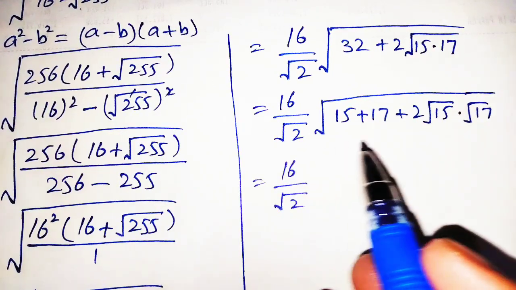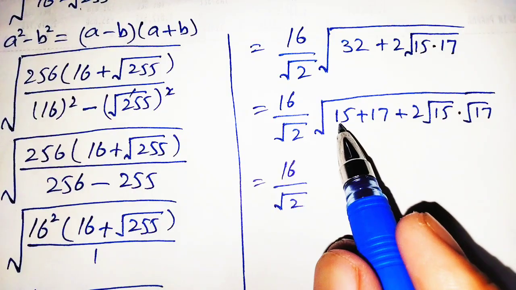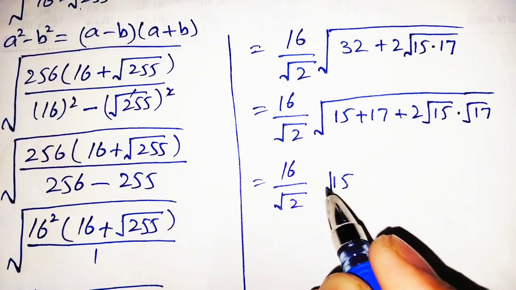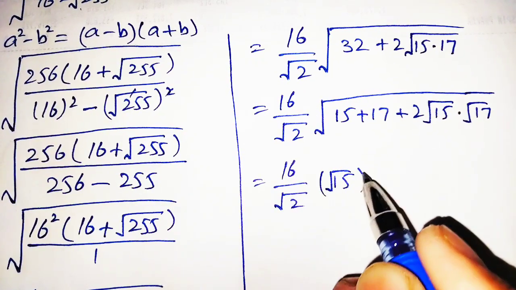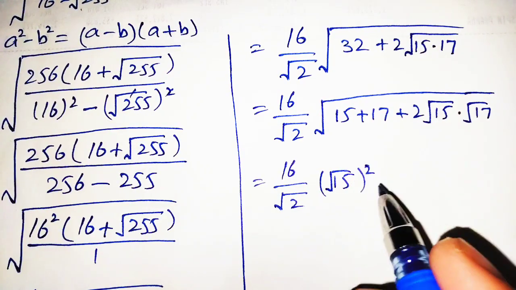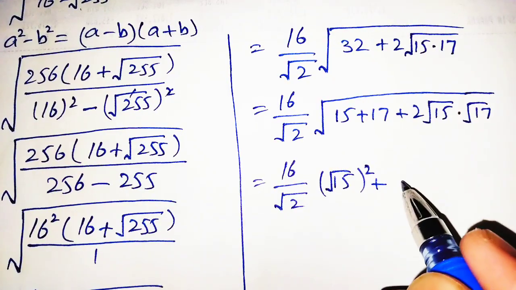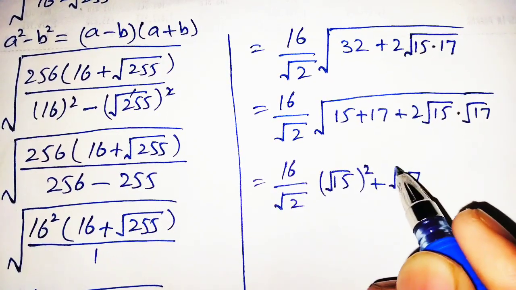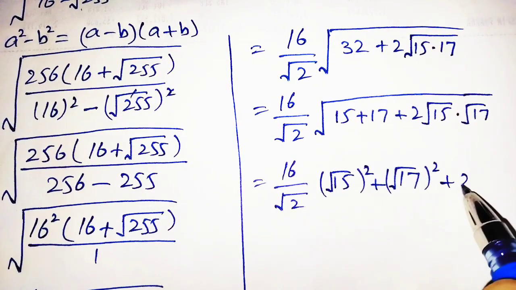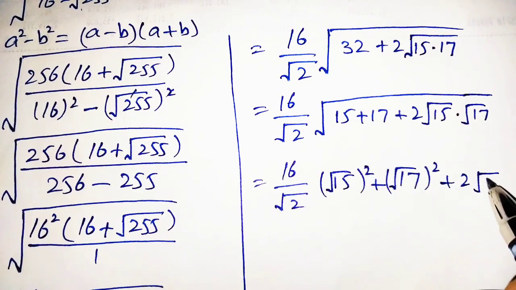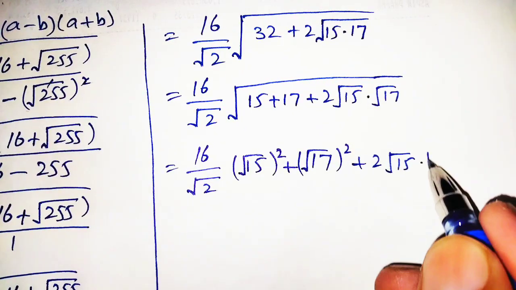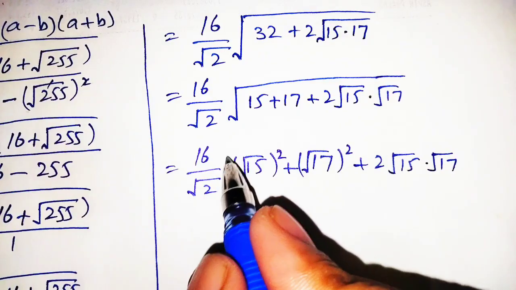Now to make a complete square, we will write this in a square form. That is 15 can be written as square root of 15 whole square. This square will be cancelled with the square root and we will again get 15 here. Similarly, we can write 17 as square root of 17 whole square plus 2 times square root of 15 times square root of 17.